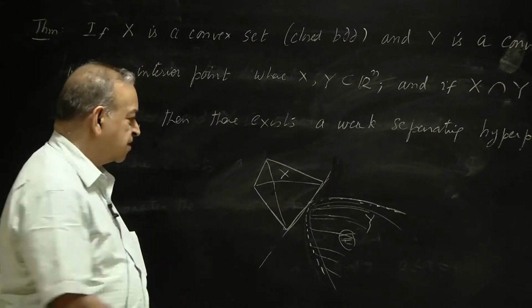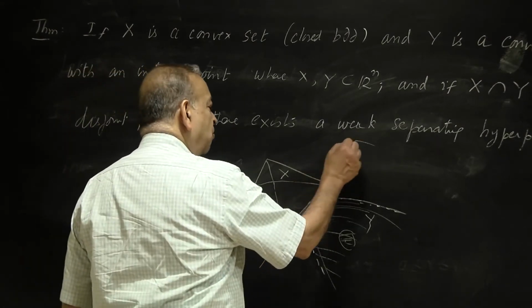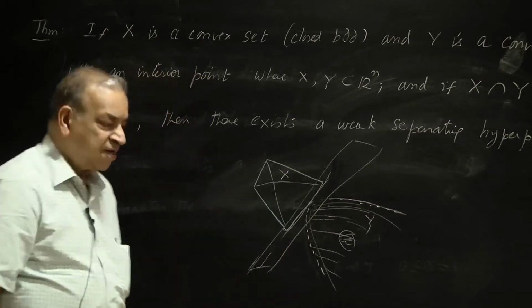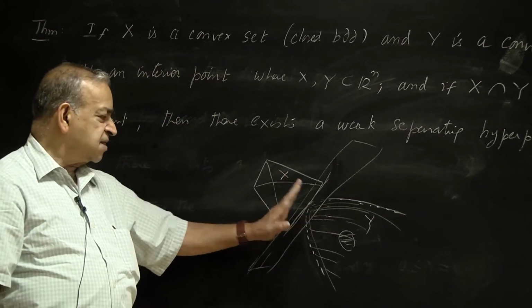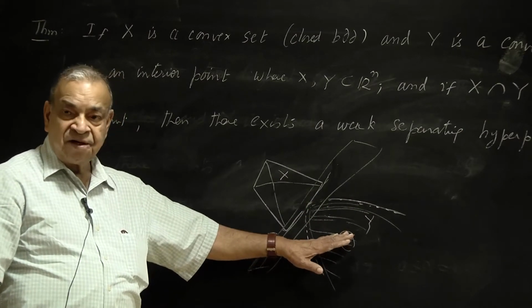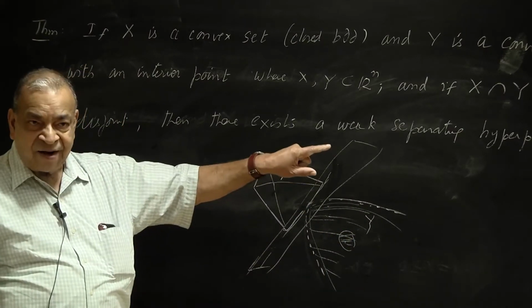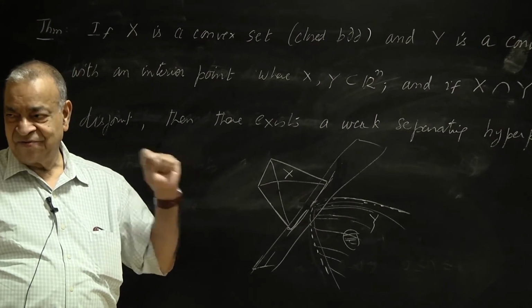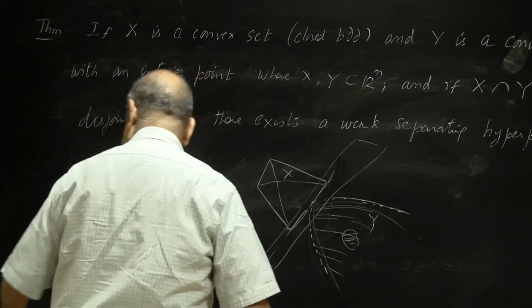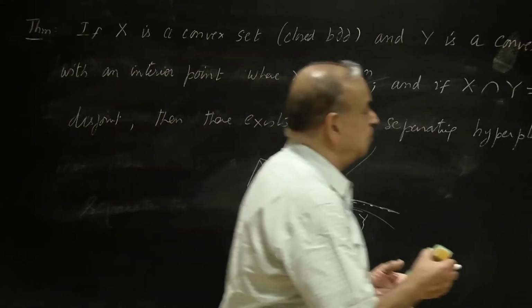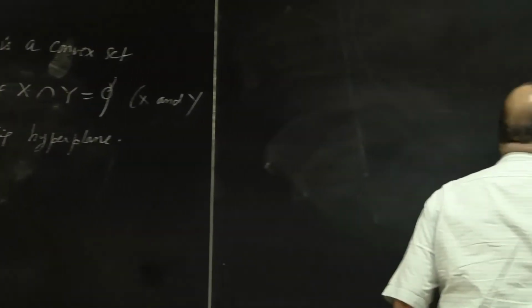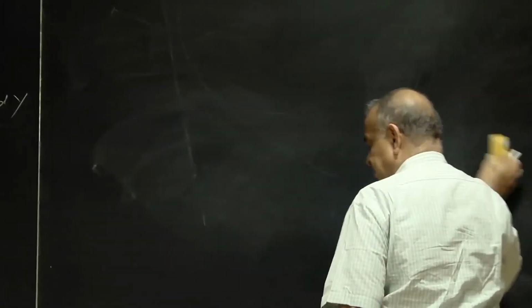Then what the theorem says is, we will be able to draw a sheet of paper such that one side this lies, on the other side this lies, but not with strict inequality, but with weak inequality. So what do you mean by that? Now I want to translate this into algebraic statements.